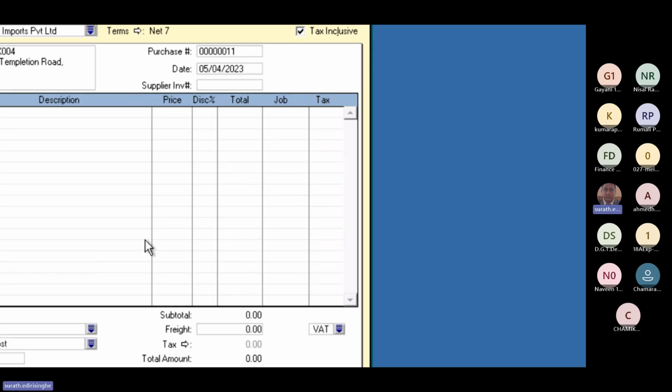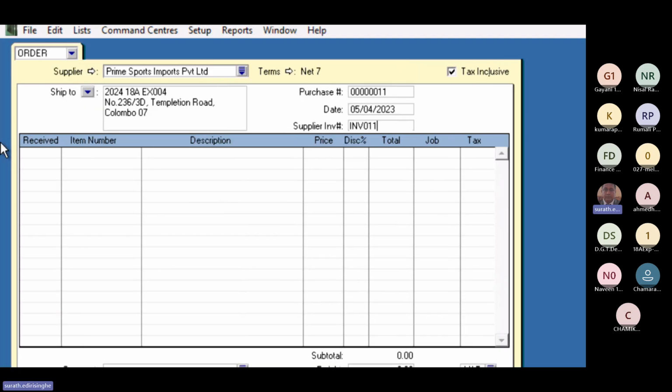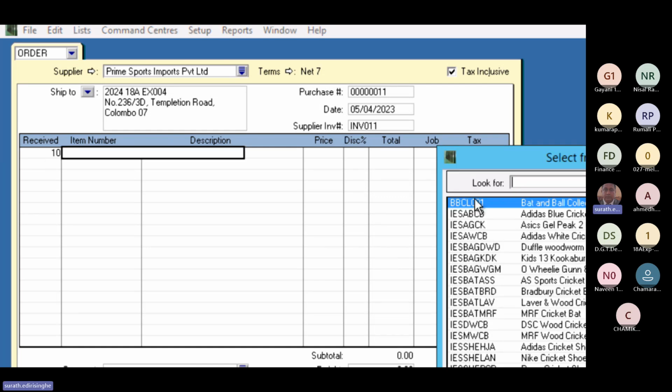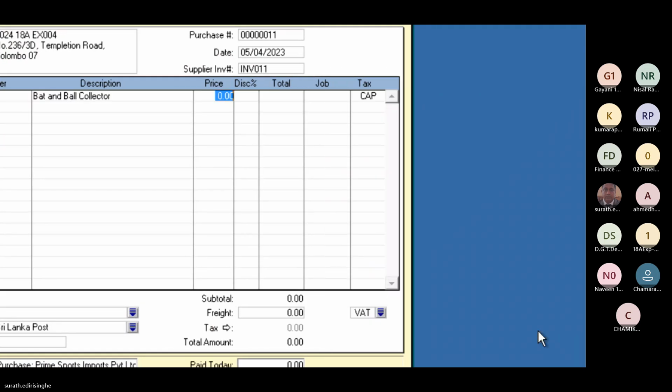Prime Sport, no pending order, INV 11, PO 11, date originally April 5th, one item, and then select bat and ball collector. Unit price 370. No discount. I typed the wrong amount.